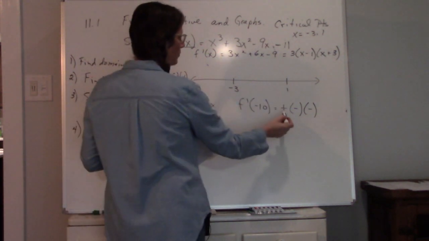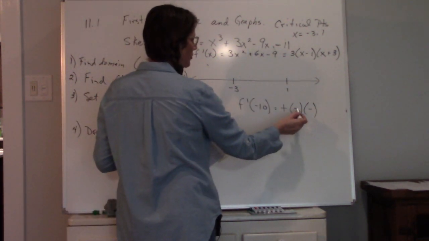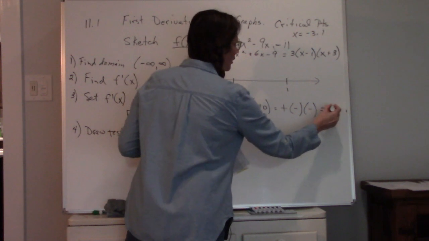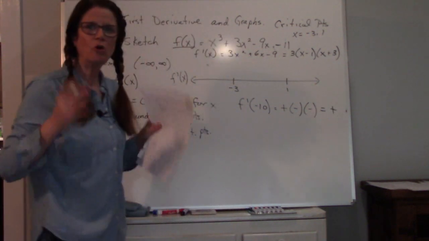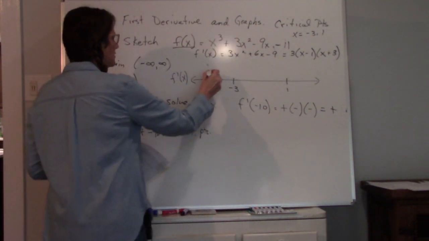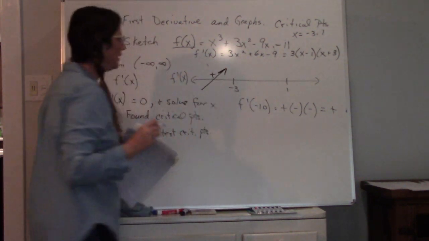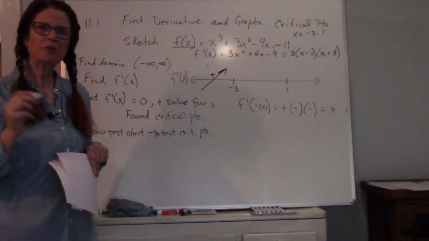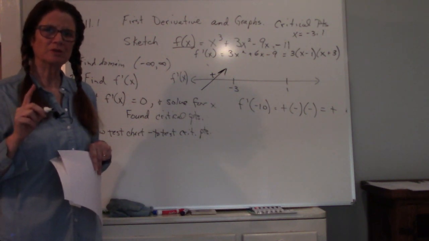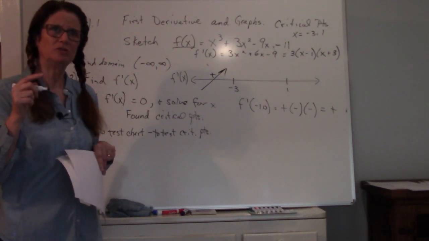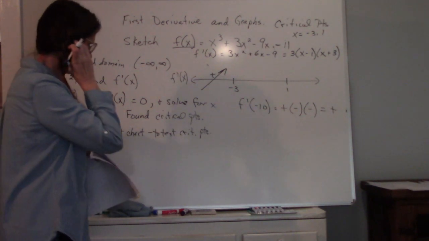So now when I multiply these, a positive times a negative times a negative, that tells me the whole interval is positive. So in this interval, I have an increasing slope. Notice I'm putting an arrow. That's going to be important, because when we go to second derivative, we're going to use a different symbol.